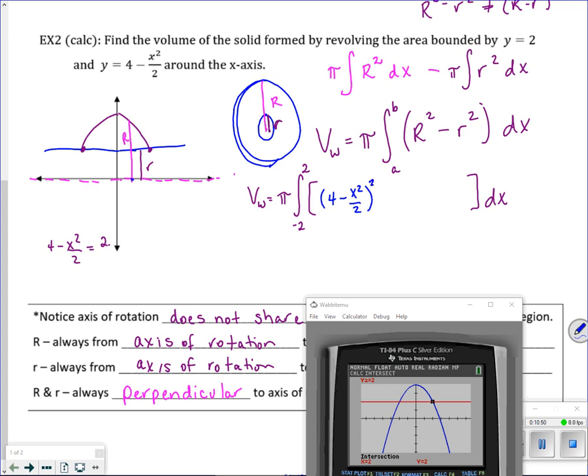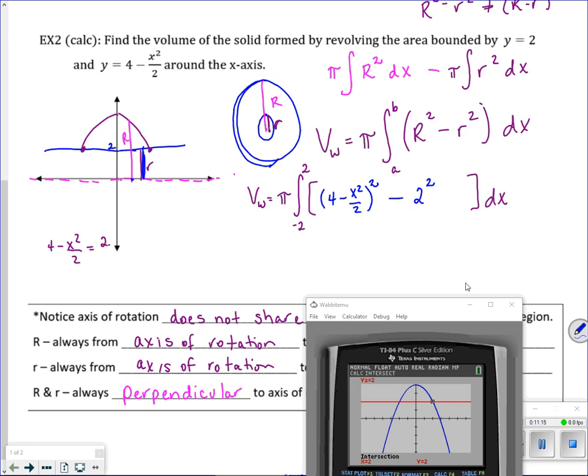So I won't put the minus 0. So that's big R squared minus, well, what is little r squared? Remember, that was 2. So what is the space between here? Well, if I do top minus bottom, that's 2 minus 0. Yes, you certainly could put 4, but I'm just putting it so you see the formula of big R squared and little r squared.